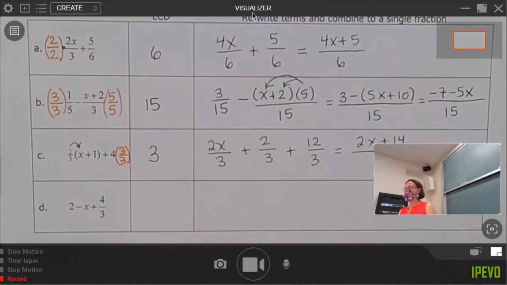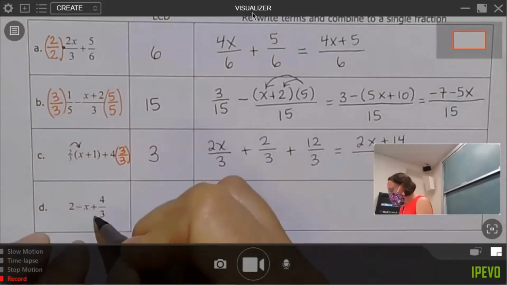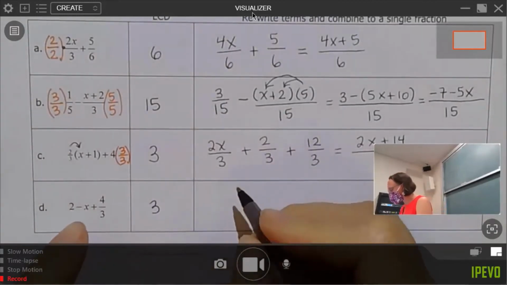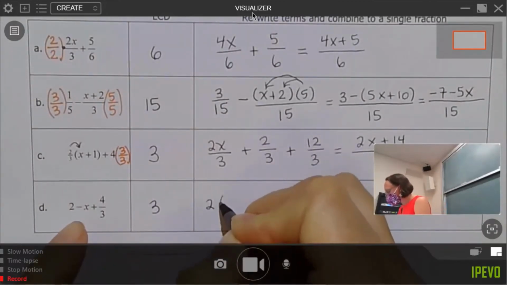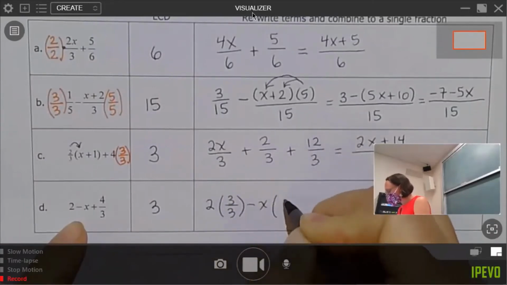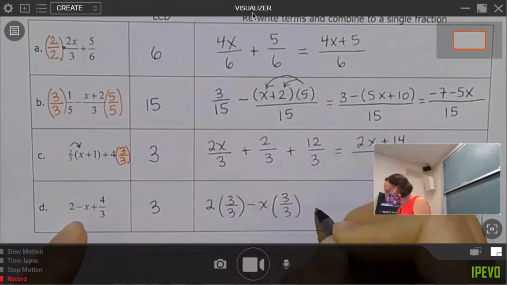Similarly, if I look at the bottom one, we're adding stuff, we have a fraction. I have a denominator of 3 somewhere in the problem, which means that's going to be my common denominator. I did not leave myself enough room on this sheet, so I'm going to have to put it over here. But that 2 would need to get multiplied by 3 over 3. That x would have to get multiplied by 3 over 3. And then I'd have the 4/3.